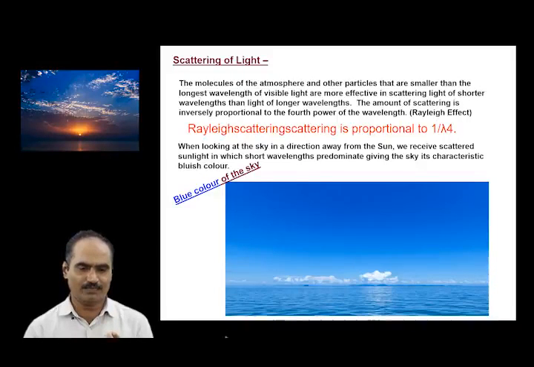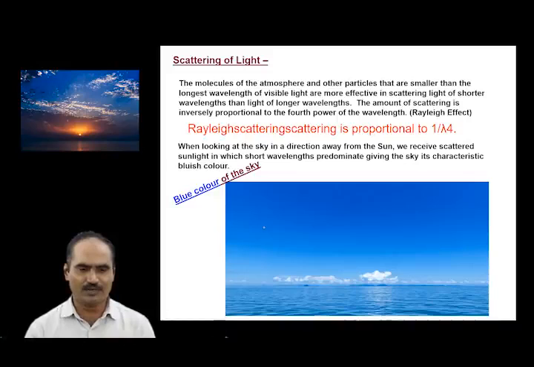But at the same time, violet and indigo are less sensitive to our eyes, while blue is a predominant color that is more sensitive to our eyes, so we see the color of the sky as blue. And because of that, the sea is also seen as blue, right?